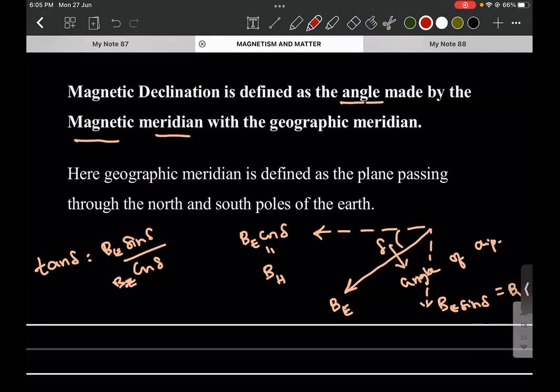What is BE sin delta? Vertical by horizontal. So sometimes in problems, they'll give you the vertical component of Earth's magnetic field and the horizontal component, and they'll ask you the angle of dip. Then what are you supposed to do? Tan delta, you find it out by the formula BV divided by BH. Are you able to understand?